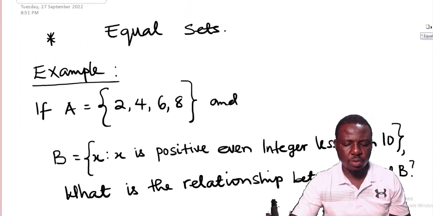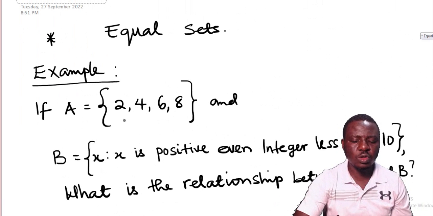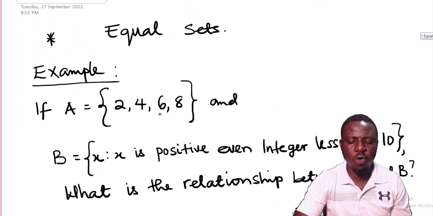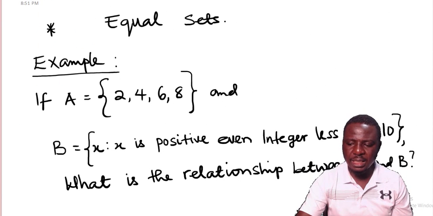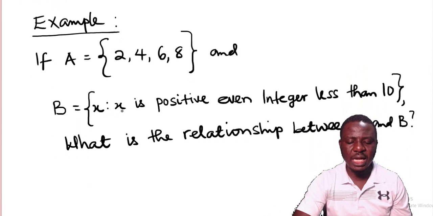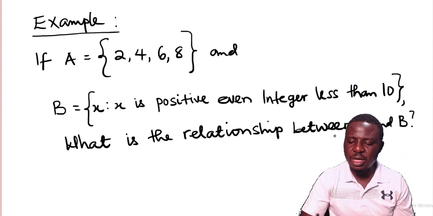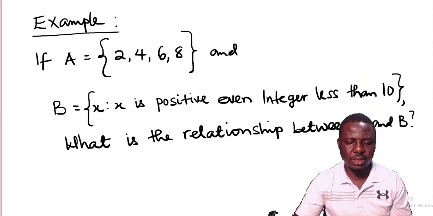Let's take more examples. If A is equal to a set of elements 2, 4, 6, 8, and B is described as a set X such that X is a positive even integer less than 10, what is the relationship between A and B?